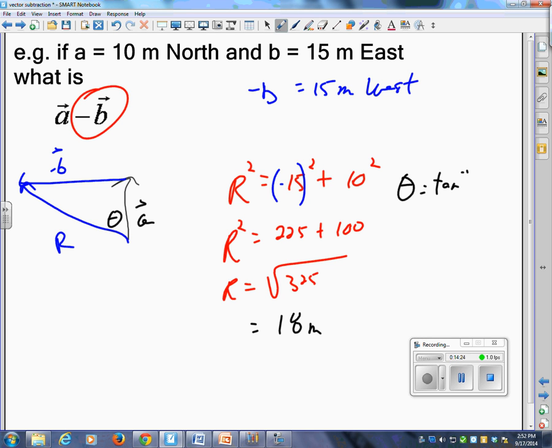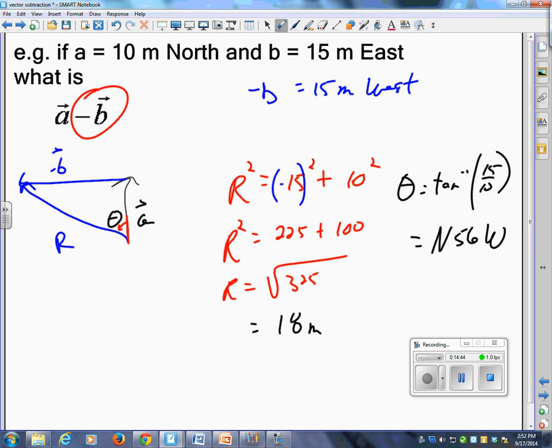So tan inverse, opposite over adjacent, so that's going to be 15 over 10. 56. Okay, so that's going to be north 56 west, right? North and then 56 degrees west.